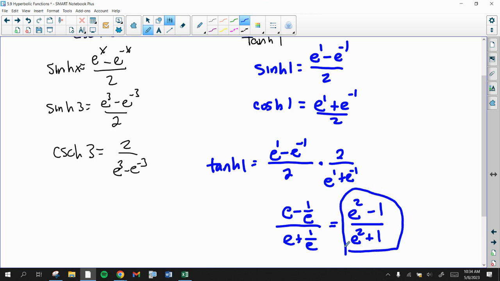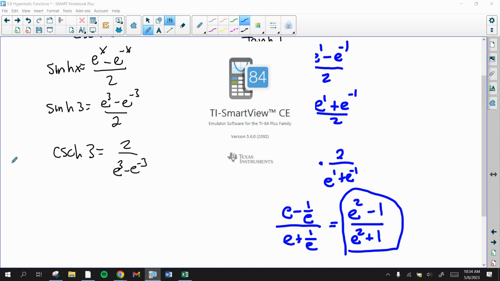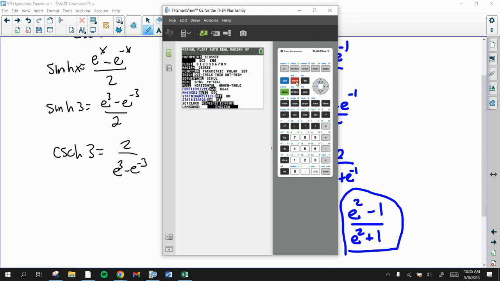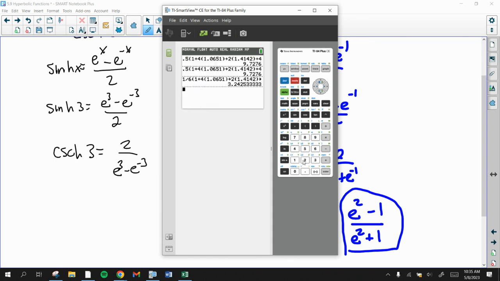So quickly, on the calculator, I'm going to go back to this hyperbolic cosecant. I'm going to type 2 over e to the third, and then minus e to the negative third.